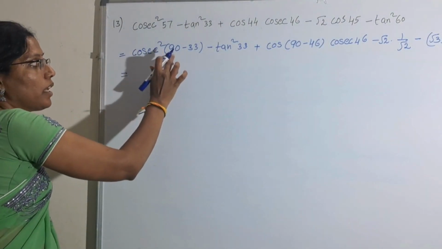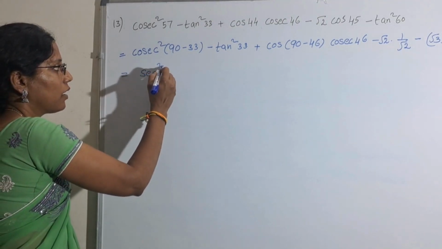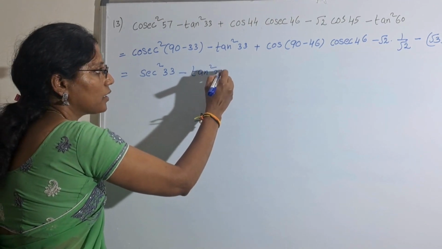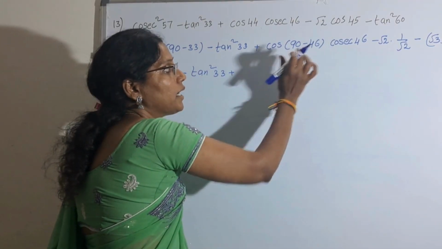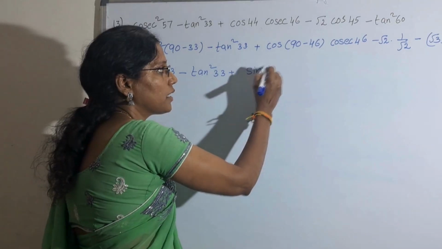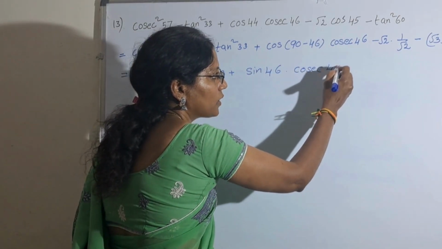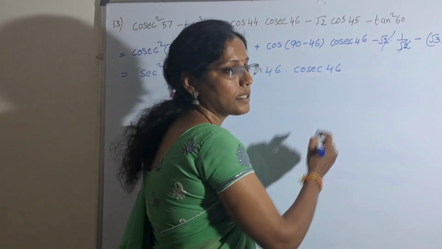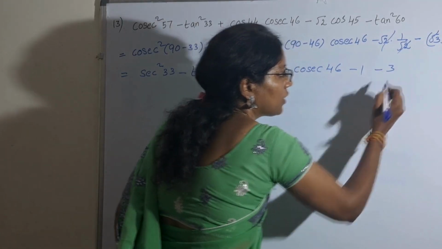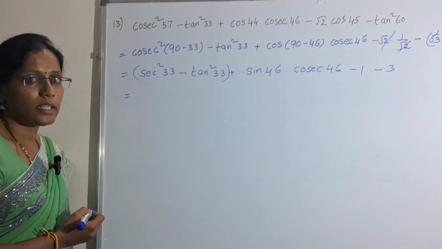Here cosecant 90 minus a is secant square 33 minus tan square 33 plus here cos 90 minus 46, which is sin 46 into cosecant 46. Here root 2 cancels, minus 1. Here the square root cancels, 3 will come. Secant square 33 minus tan square 33.